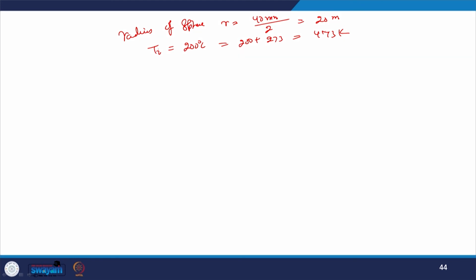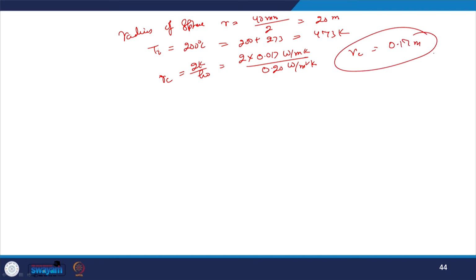Now if the sphere is surrounded with the insulating material, then Rc is equal to 2K upon h0, which is 2 into 0.017 watt per meter Kelvin upon 0.20 watt per meter square Kelvin, and Rc is equal to 0.17 meter. That is the first answer. Now T ambient is given as 30 degrees Celsius or 30 plus 273, that comes out to be 303 Kelvin.